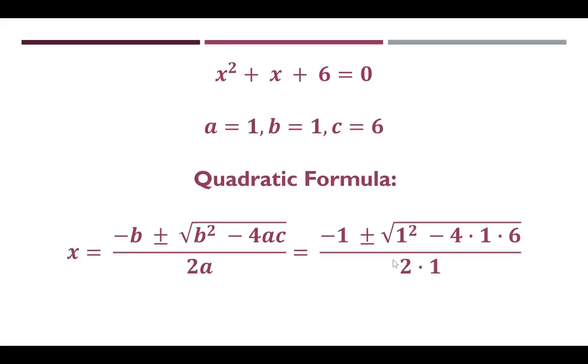A, b, and c are the coefficients of x squared, x, and your constant. Notice that the coefficients of x squared and x are invisible, meaning they're both 1. So we just substitute these values into the quadratic formula and carefully solve.